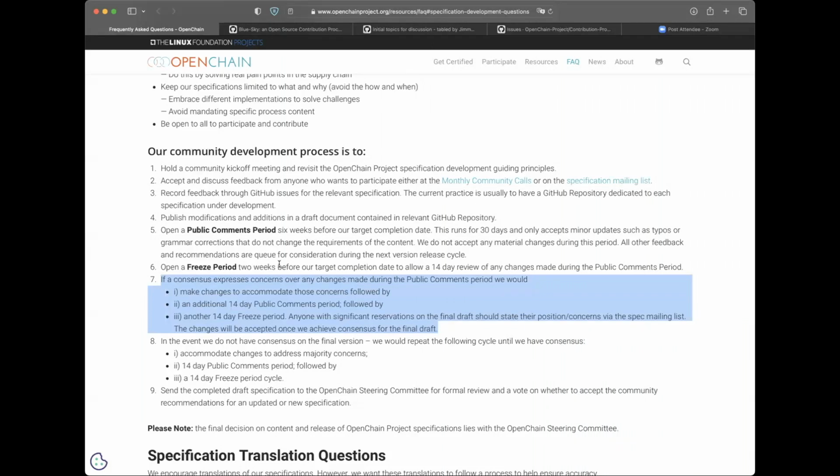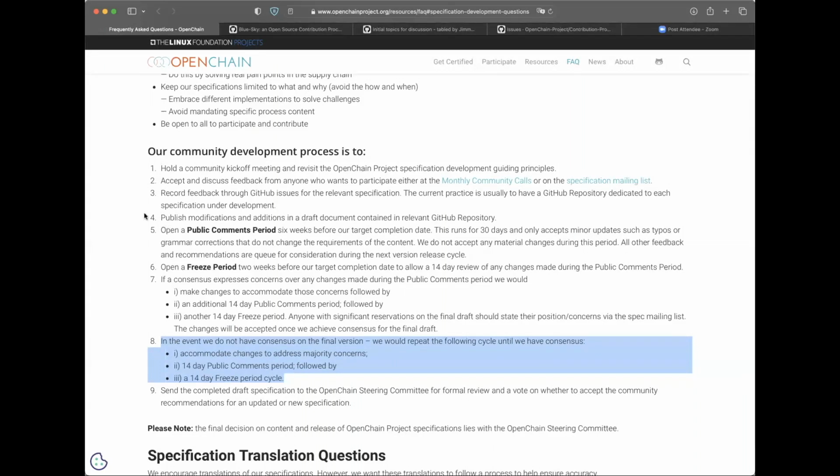But that itself has some rules. If we make a change because we see a significant issue may exist, we have a new public comment period and a new freeze period. If we can't build consensus that the document looks okay, then we will continue cycling until everyone says we think we're there.